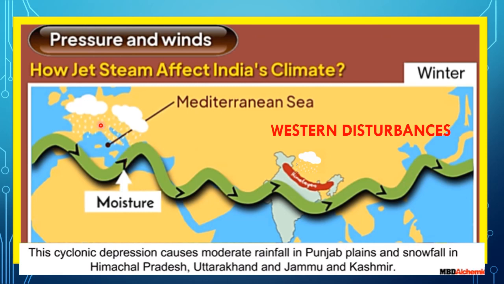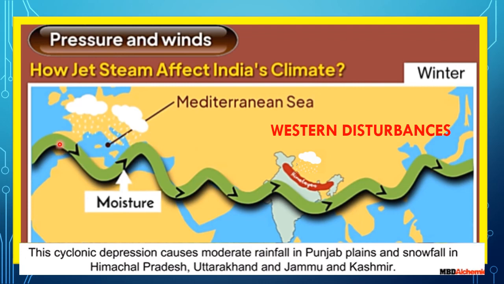I told you the jet stream is not only in India; throughout the globe this jet stream is flowing. It's upper air circulation, high above in the troposphere. This jet stream now flows through the Mediterranean Sea, so with that force, these moisture laden winds are carried over to India, and it brings moderate rainfall in the Punjab plains and also snowfall in Himachal, Uttarakhand, Jammu and Kashmir.